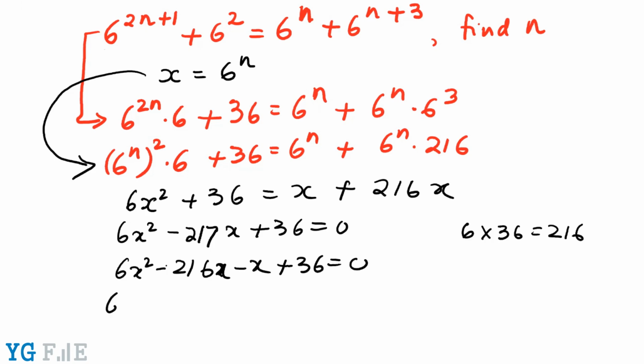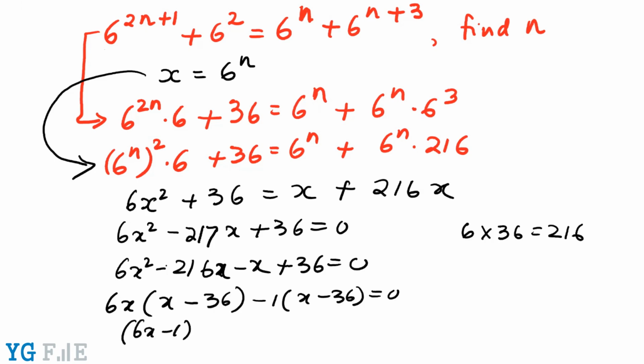So now we will try to factorize this as 6x minus 1 into x minus 36 equal to 0. So the two factors are 6x minus 1 and x minus 36 equal to 0.